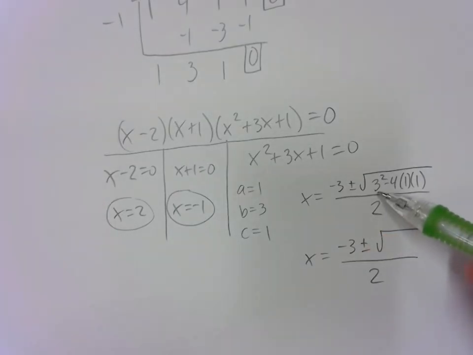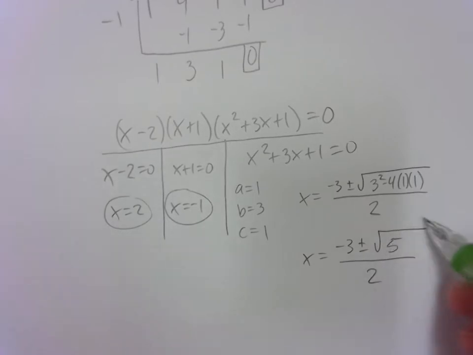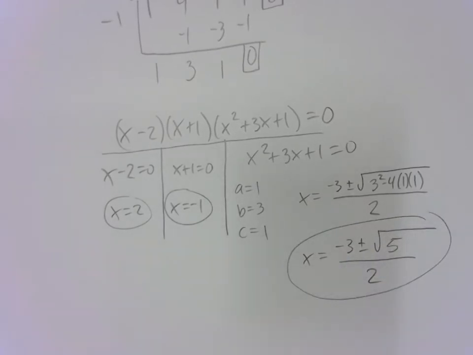Now that would be 9 minus 4, because 1 times 4 is 4. So it would be 9 minus 4 is 5. So there's the other two solutions. So I have a grand total of 4 solutions. I have 2, I have -1, and I have -3 plus or minus radical 5 over 2.